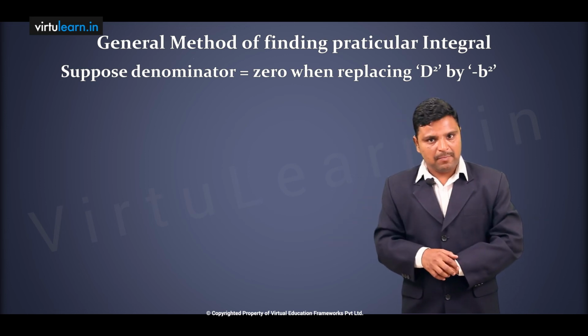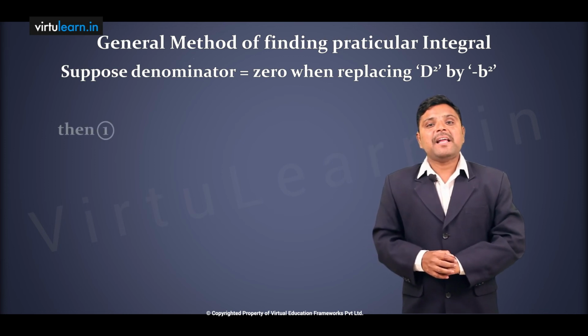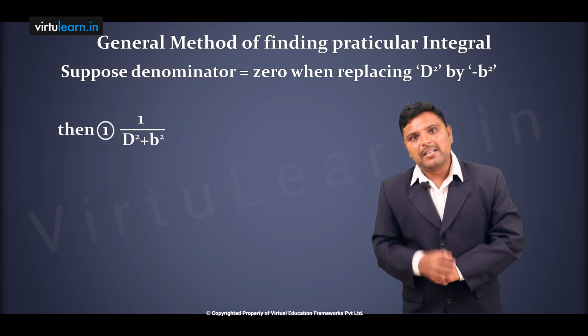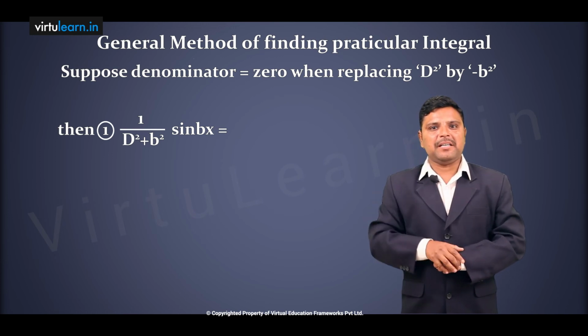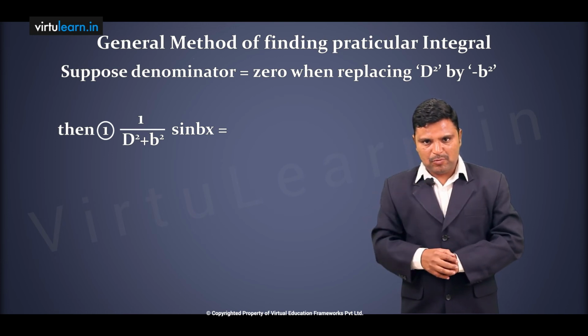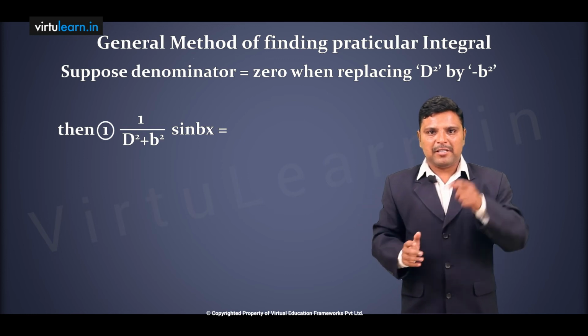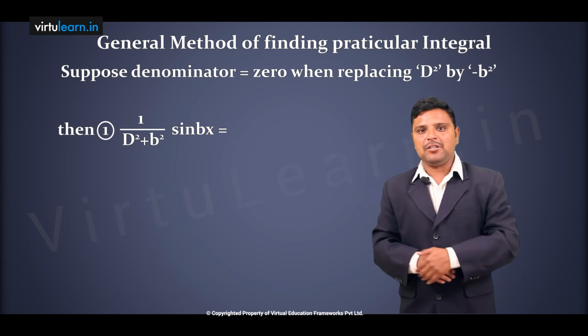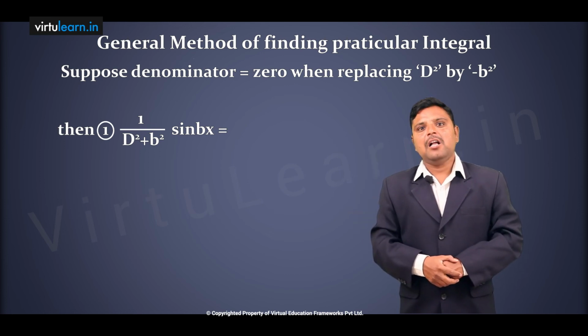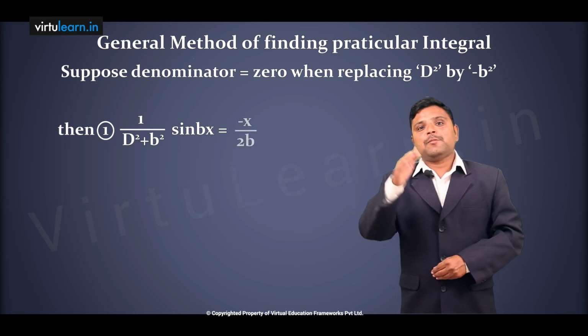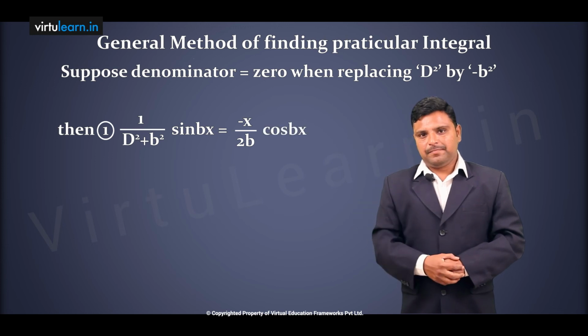Those two important formulas: 1 by d square plus b square sin bx. In this particular integral, observe that replacing d square by minus b square makes the denominator definitely 0. If the denominator part is 0, the direct answer is minus x by 2b cos bx.